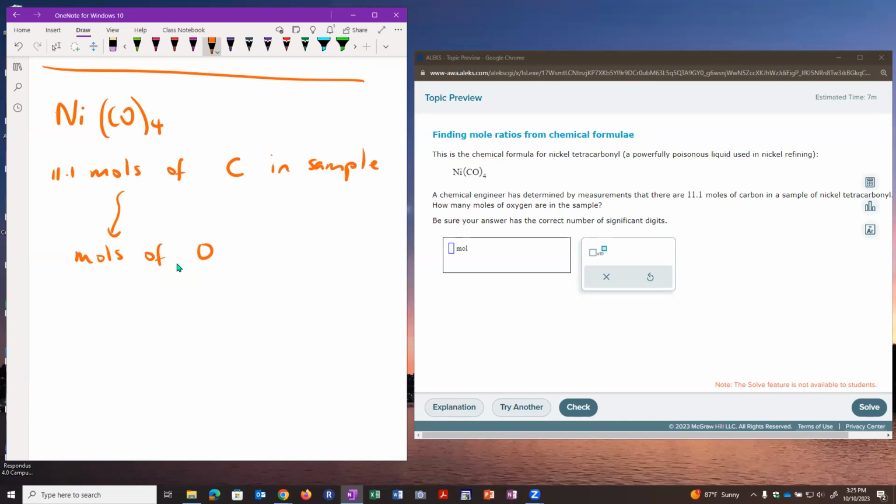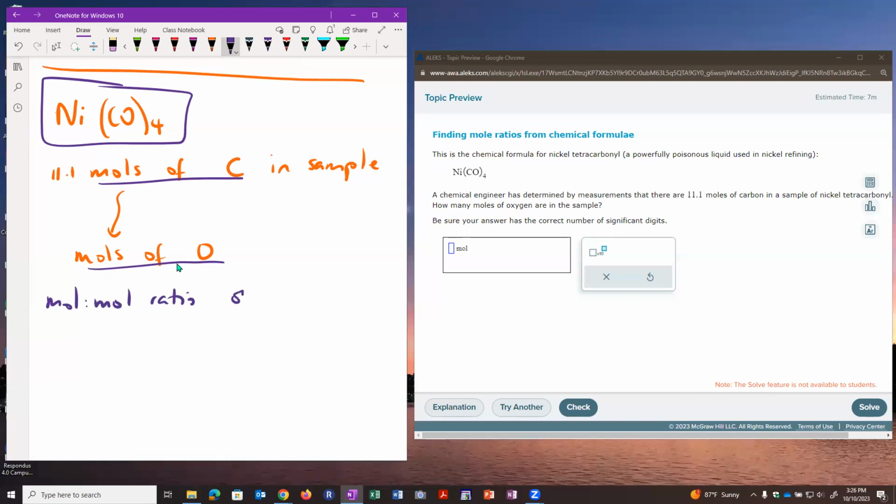All right, so the only thing in this question that relates the moles of carbon to the moles of oxygen is our chemical formula. So the mole-to-mole ratio of the elements comes from the formula.